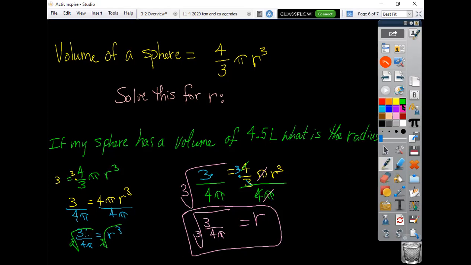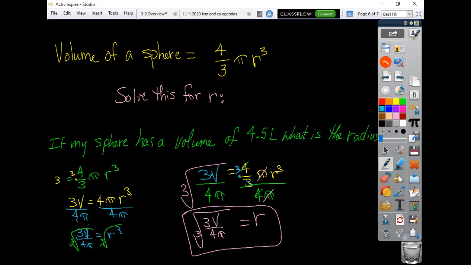Whoops, sorry about that, everybody. So this was the volume. When they started talking about volume in that problem, I realized I had a bit of a problem.